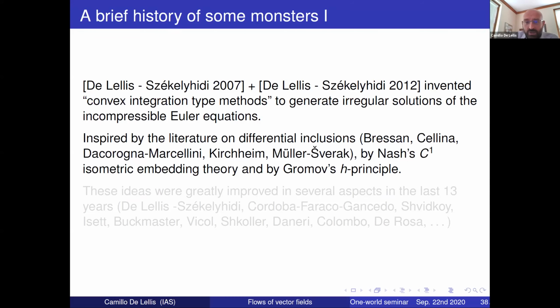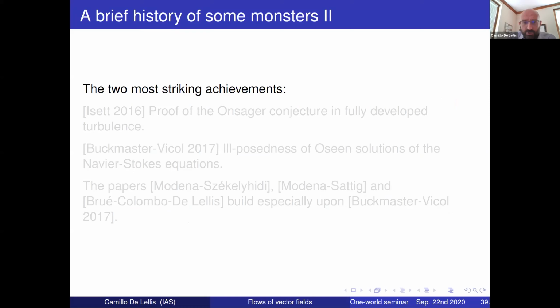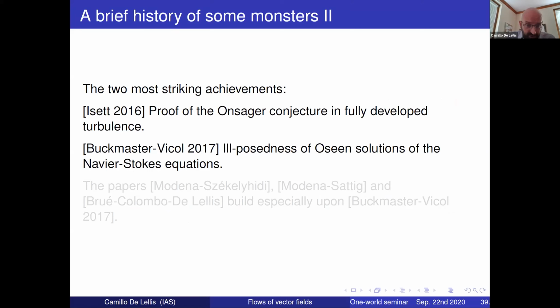I won't go through this whole story, in which there have been great achievements in the recent literature, where, for instance, Isett proved the Onsager conjecture for the Euler equations, and Buckmaster and Vicol, by using this method, proved the ill-posedness of weak solutions to the Navier-Stokes equations.